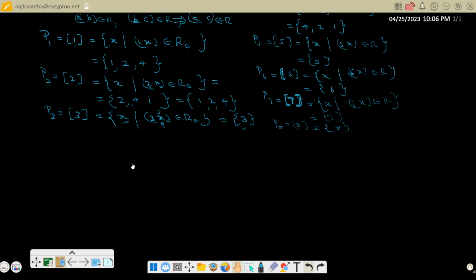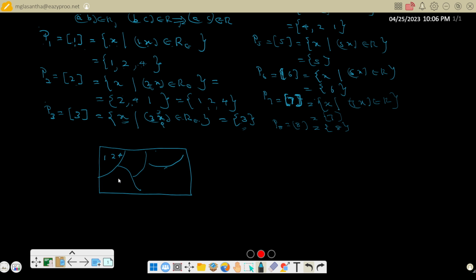Right, if you take now this Venn diagram, this is just like a partition of a land. Partition of a land. Okay. 1, 2, 4.